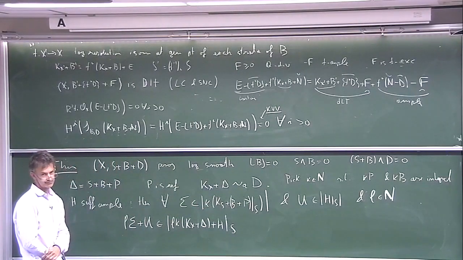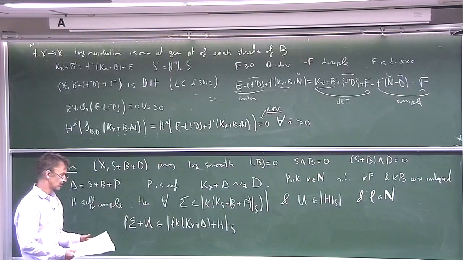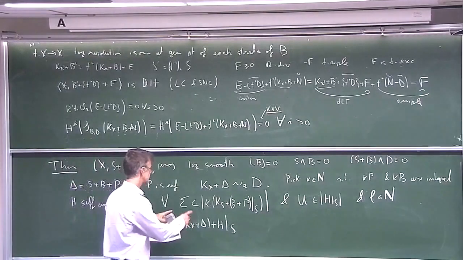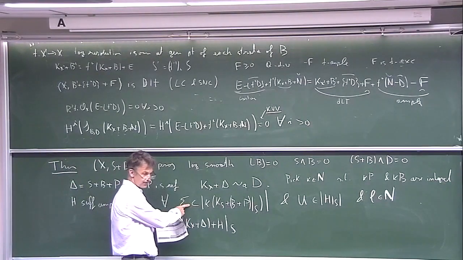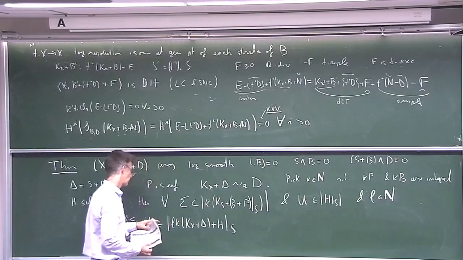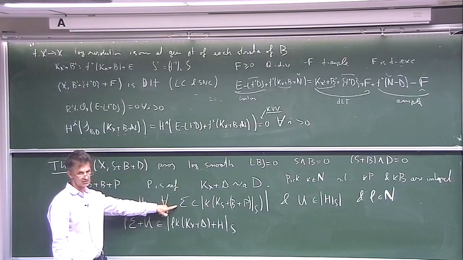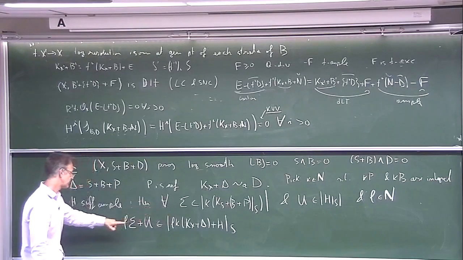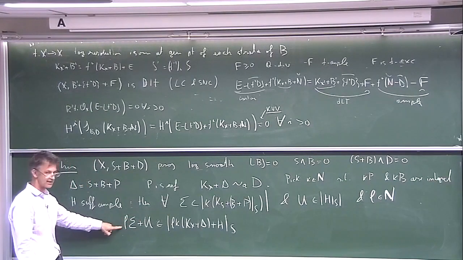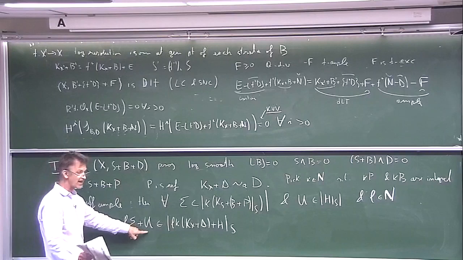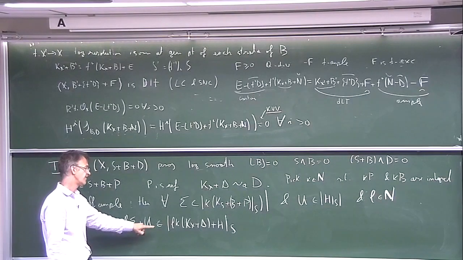Okay? So this is the section that you want to extend. Now, can you extend it? Well, I'm saying that maybe I can't extend this section, this divisor here on the nose, but if I pick any multiple of it and I add a fixed sufficiently ample divisor, then I can extend it.